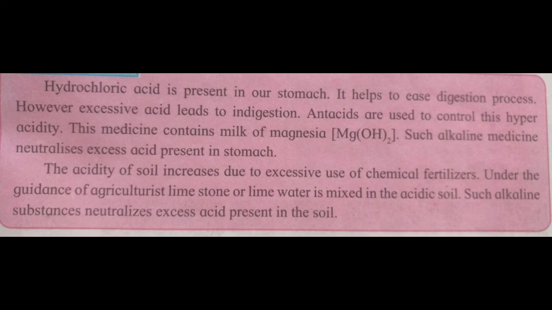So these alkaline substances neutralize excess acid present in the soil. We know that crops are not grown properly in acidic soil. That's why we have to neutralize this acidic soil by adding alkaline substance. So due to chemical reaction, the soil loses its acidic property, and then such soil is useful for the growth of crops.